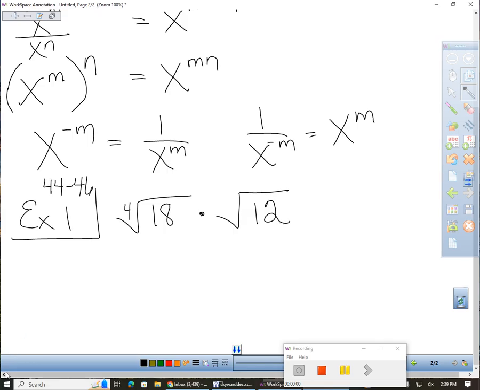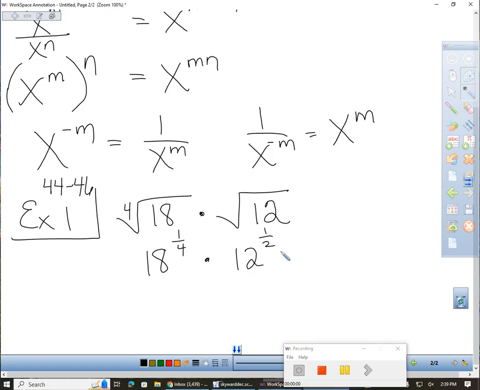We can't multiply them together the way they are, right? However, if I write this as a fractional exponent, I have 18 to the 1/4 times 12 to the 1/2.